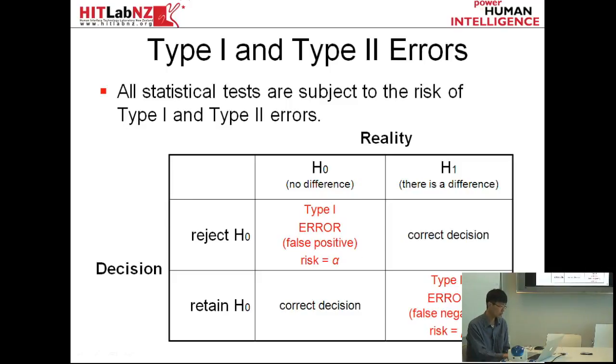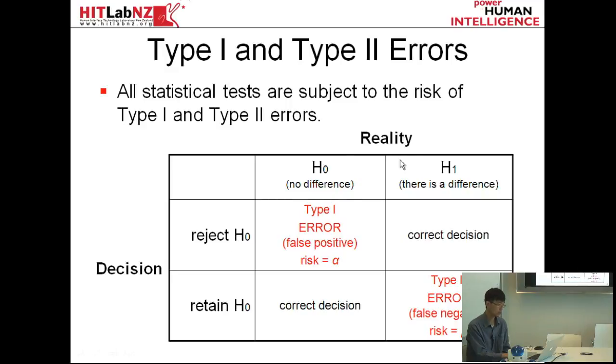So in this table, the rows represent the decision you made based on your study. Let's say you've collected measurements from 20 people, and then you concluded to reject H0, which means you are going to say there is a difference between the interfaces.